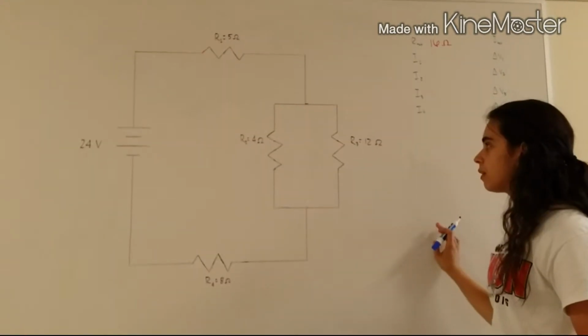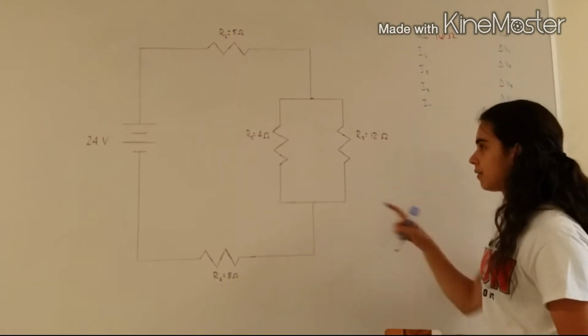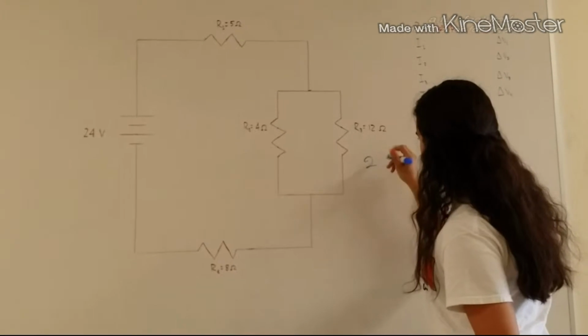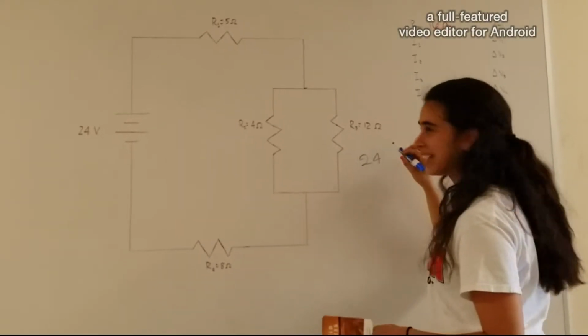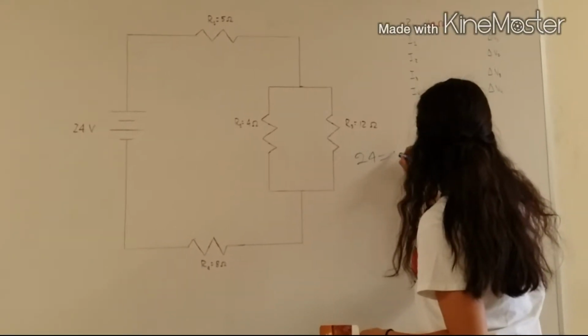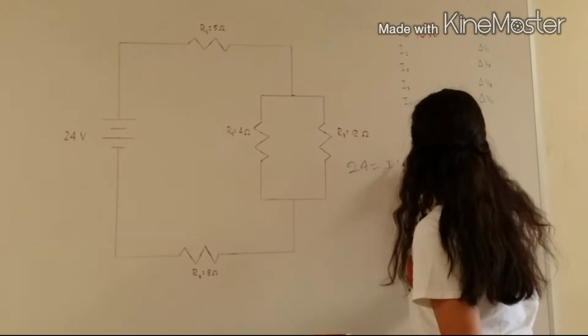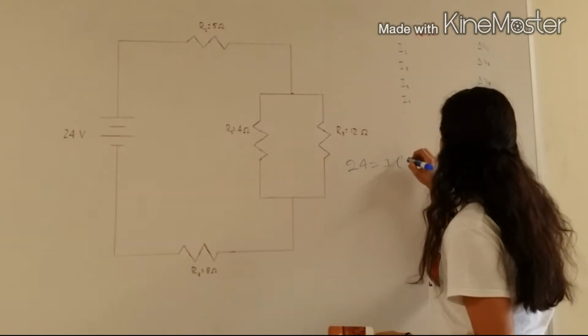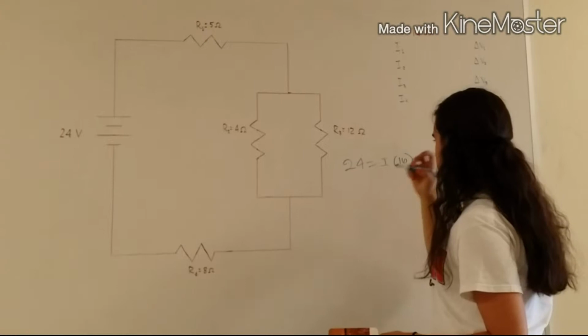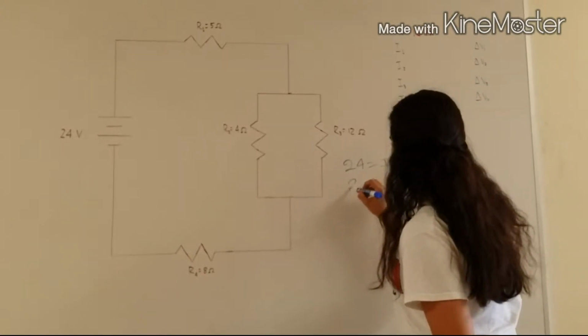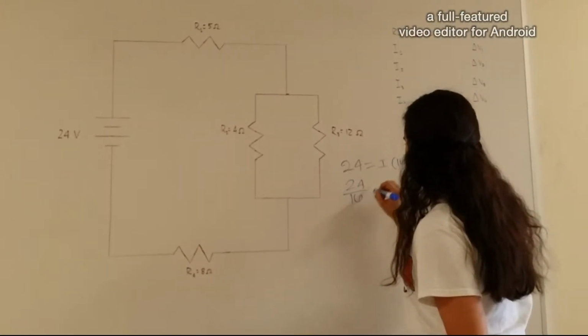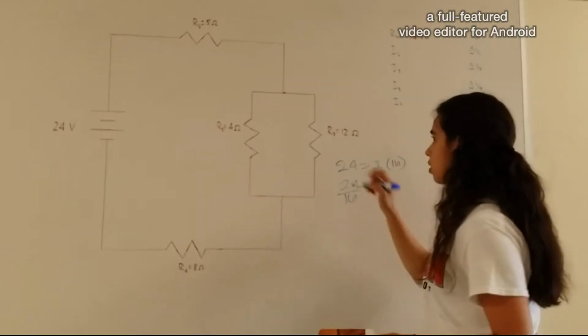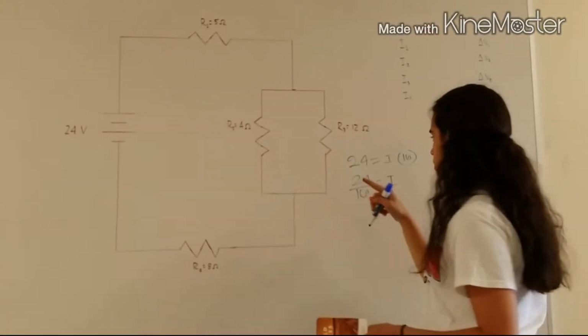There you go. So by Ohm's law, we get that 24 is equal to I times the total resistance, which we found was 16. So if we divide 24 by 16, we find the total current going through the circuit.